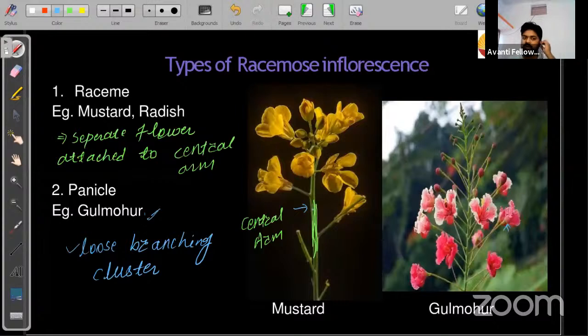I think you have already seen the gulmohar plant or flower. The arrangement in gulmohar is the panicle. So these are the two types.